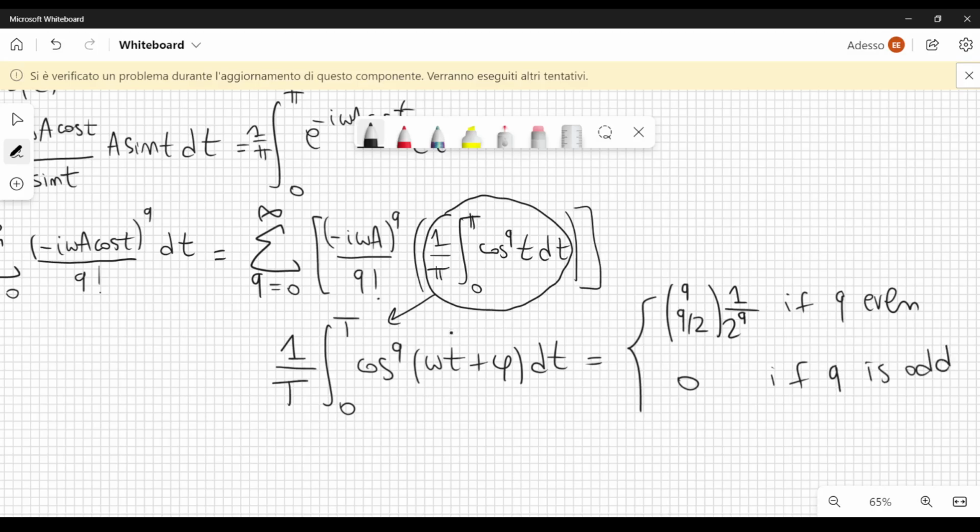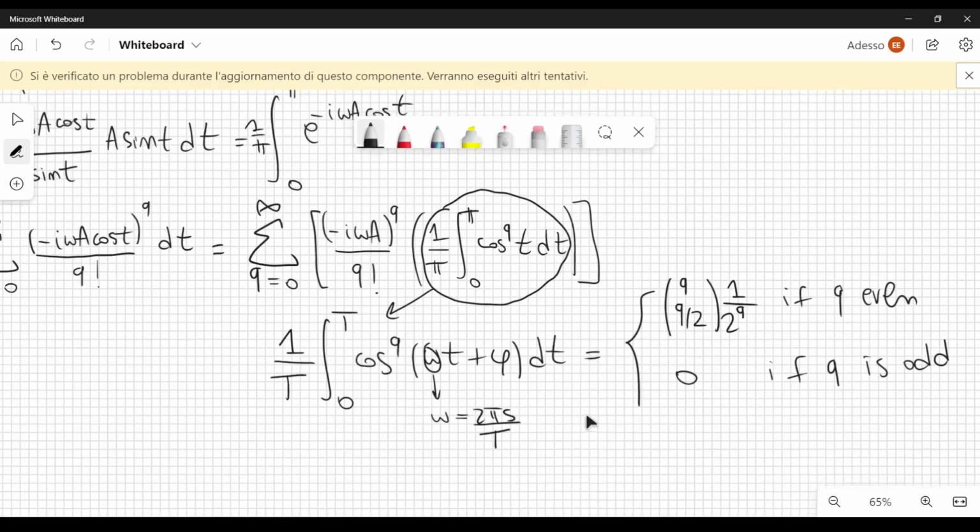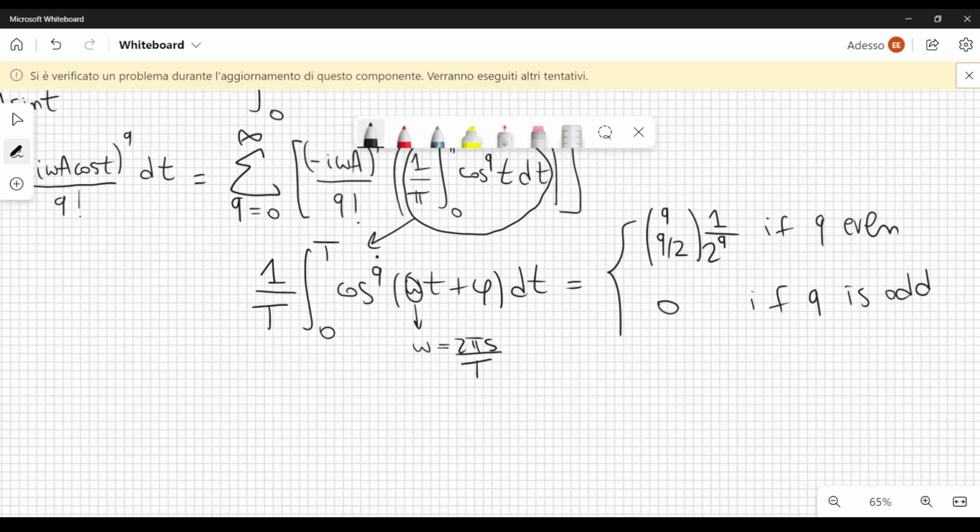And remember that we defined omega as 2 pi s, some integer s, divided by capital T. In the previous lecture, I used k instead of q, but it's basically the same thing. Now I'm going to choose capital T equal to 2 pi, s equal to 1 and phi equal to 0.